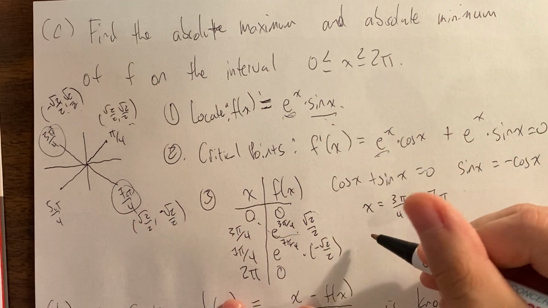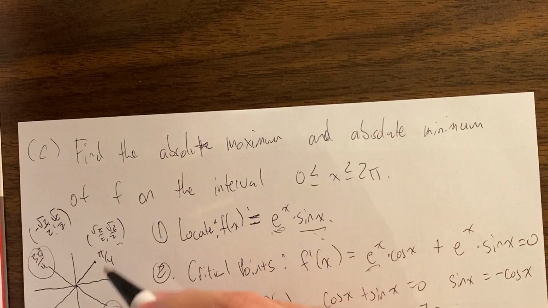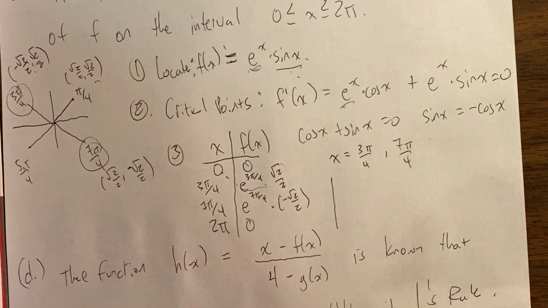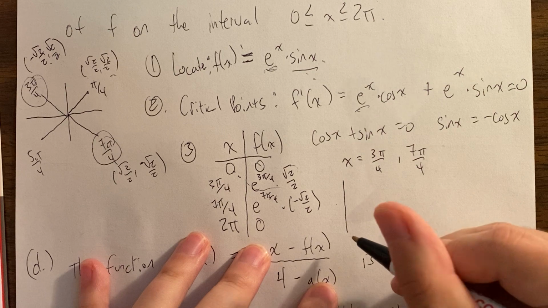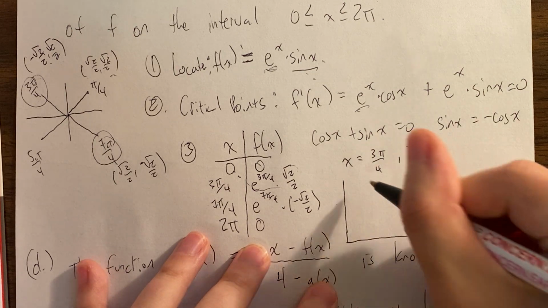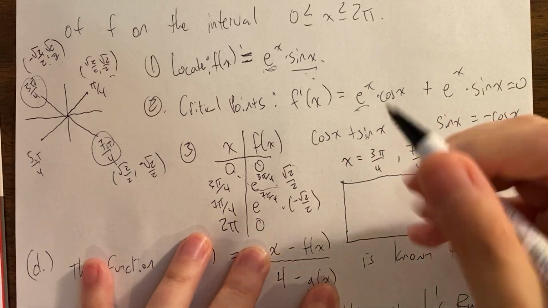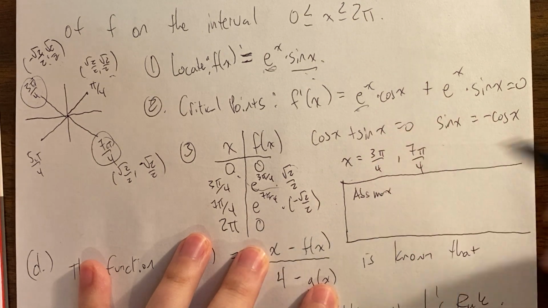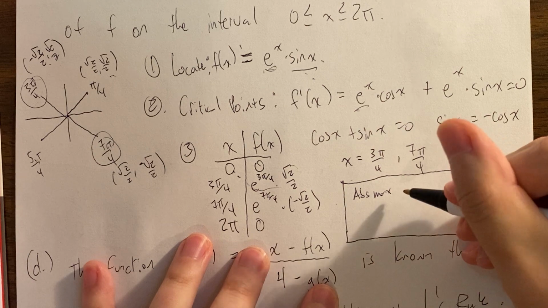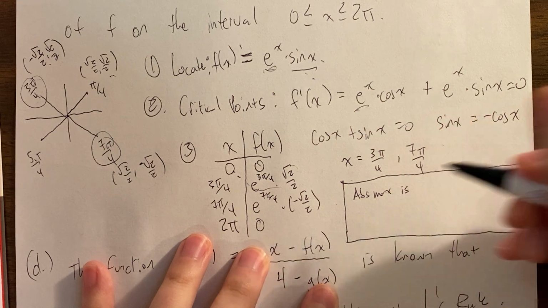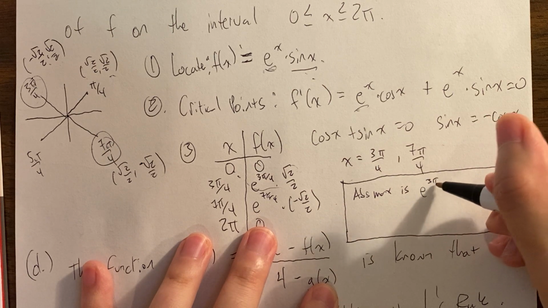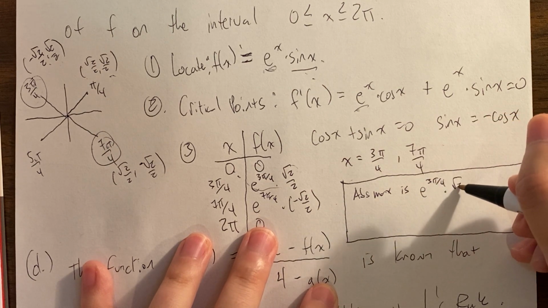So let's write that. They asked for the value, find the absolute max or min value of f, so we're going to have to list that. But I like to always list out the value and where it occurs. So let's make a nice little box here. The abs max, you should probably write out the word absolute maximum, but I'm kind of lazy right now, is this number right here, the positive number, e to the 3 pi over 4 times root 2 over 2.